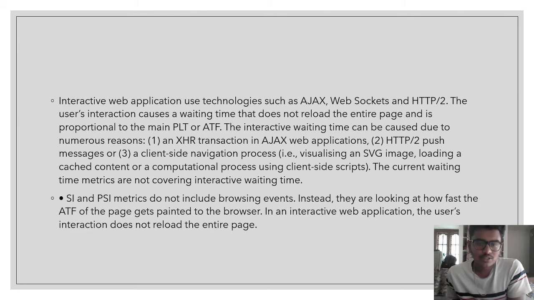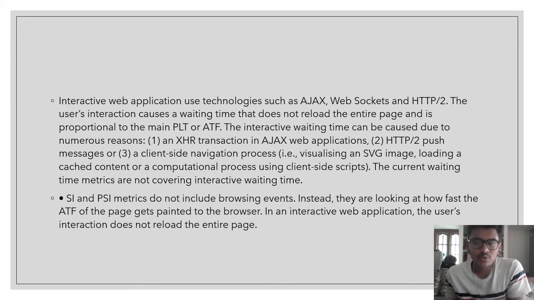Interactive web applications use technologies such as Ajax, WebSockets, and HTTP2. The user's interaction causes a waiting time that does not reload the entire page and is proportional to the main PLT or ATF.